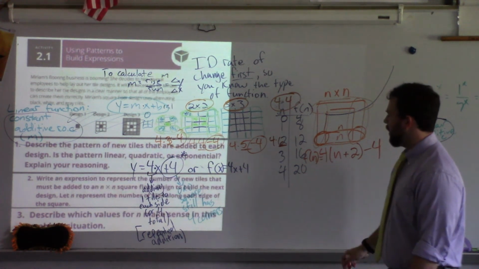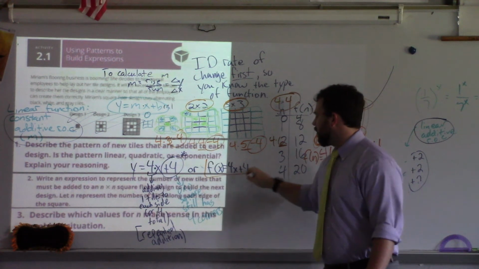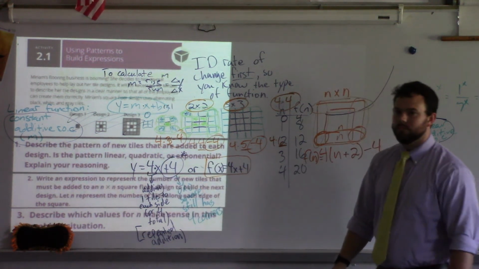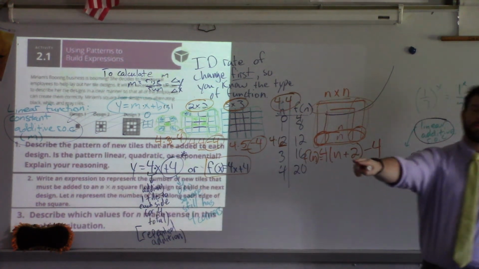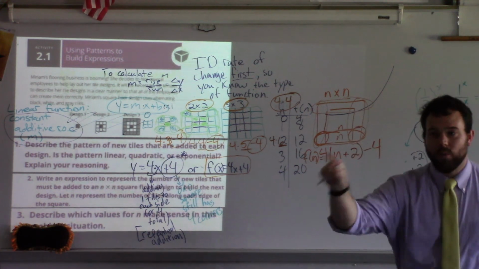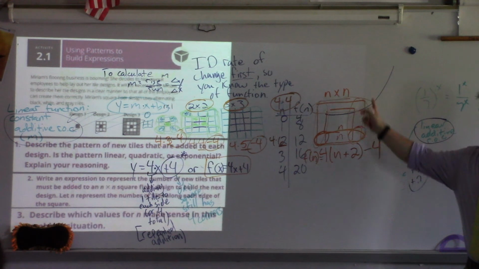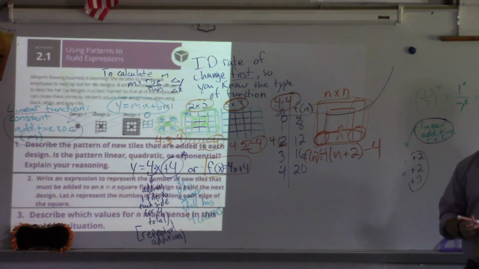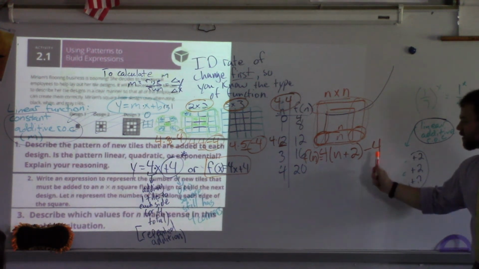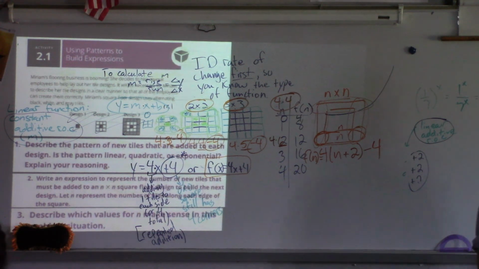But wait, I thought we said it had to be 4x plus 4. That was just one way to write it. Is this also representing what we see in the border? Yes. Is this linear? Yes. How do you know? Because it's still being multiplied by the variable.